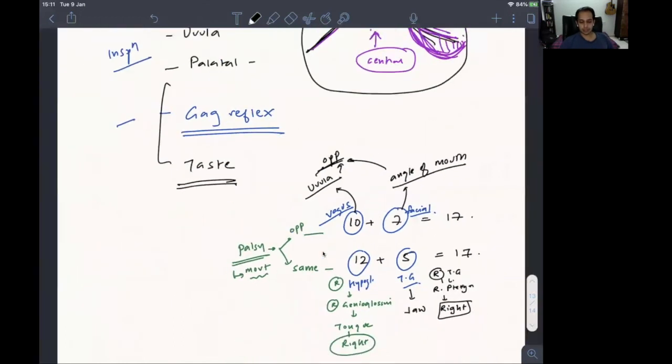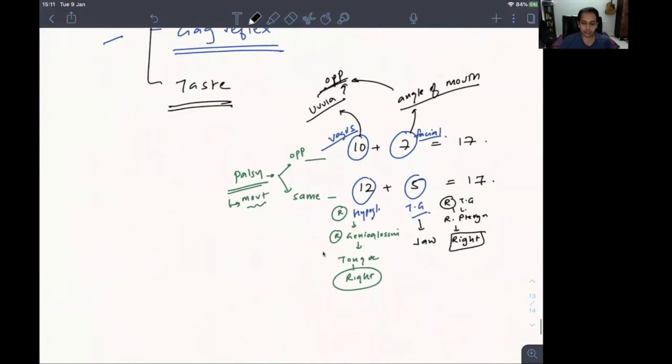So in all four of these nerves, something moves. In vagus, the uvula moves. In facial, the angle of the mouth moves. In hypoglossal, your tongue moves. And in trigeminal, your jaw moves. But which direction does it move? Vagus and facial, it will go to the opposite side. And tongue in hypoglossal and trigeminal, it will go to the same side. So this is the rule of 17.